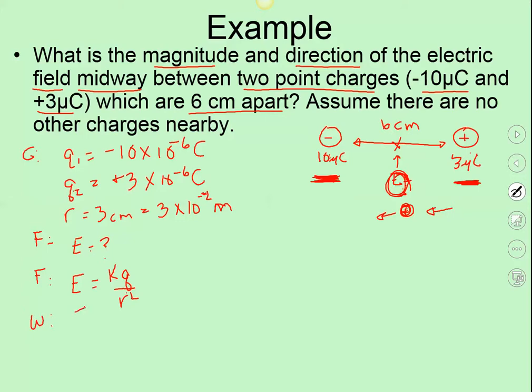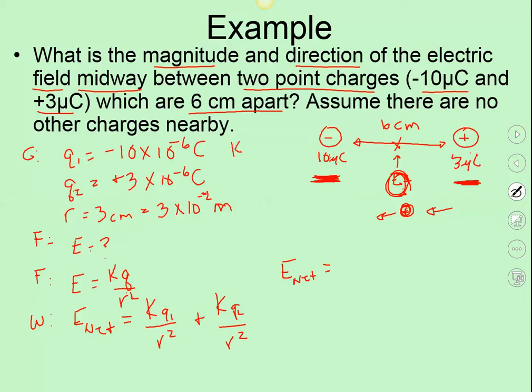Okay, so let's do our work. My net electric field, net, is equal to K Q1 over R squared plus K Q2 over R squared. And now I can just plug in. My net electric field is equal to K. What is K?